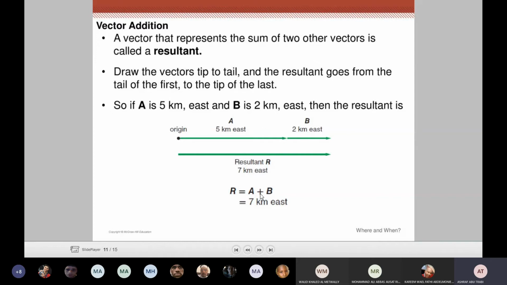So 5 plus 2 is 7 kilometers. Both of them are to the east, so the resultant will be to the east. Is it clear for the first one?